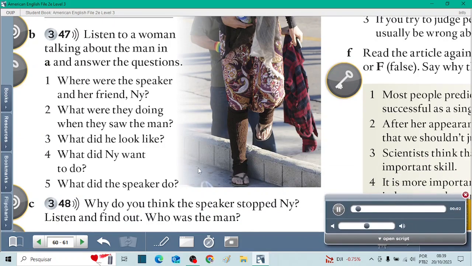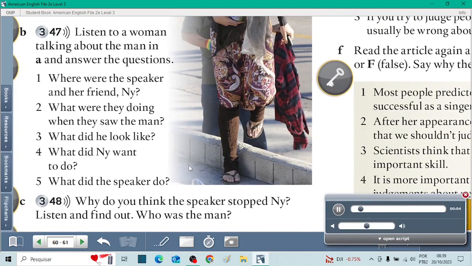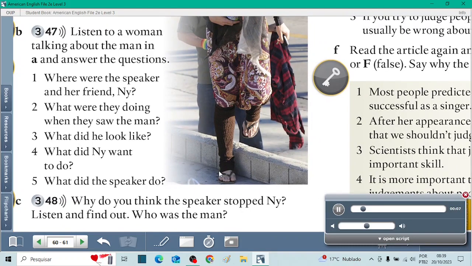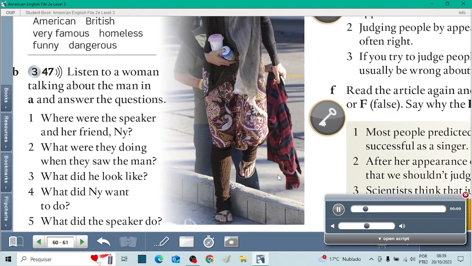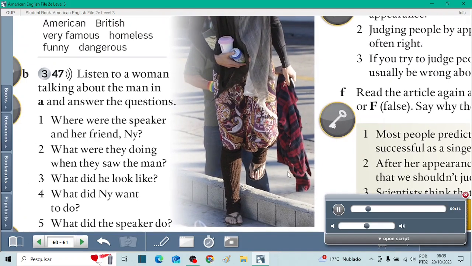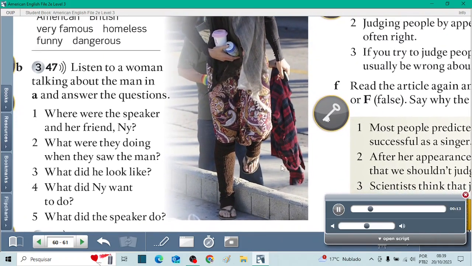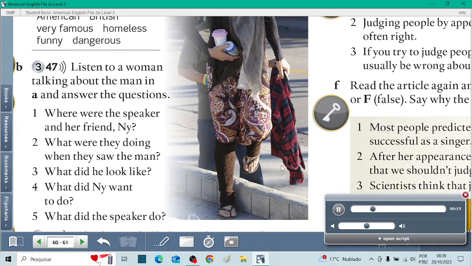A few months ago, I was with a Vietnamese friend of mine named Nhi in California, and we were driving around the West Hollywood area, which is a pretty famous part of Los Angeles. You know, the Sunset Strip, Melrose Avenue, lots of cool shops and restaurants, and lots of movie stars.